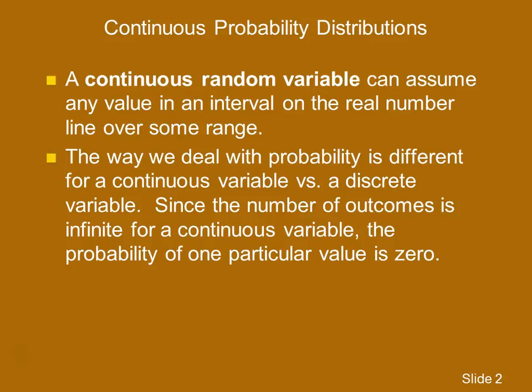And they're right. But that's just one point out of an infinite number of points, which is why it's zero. So we really can't talk about the probability of any one point out of this infinite number. We will be able to talk about the probability of an interval, as we'll see.